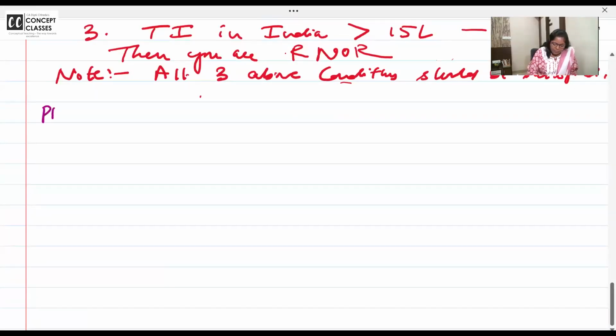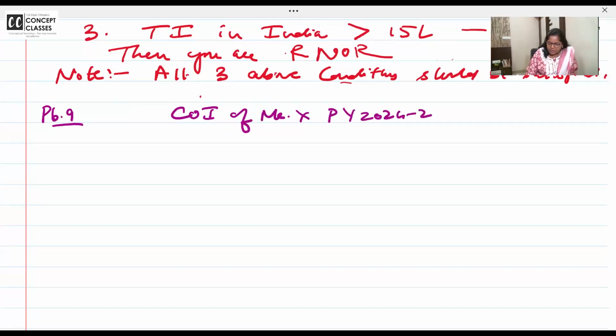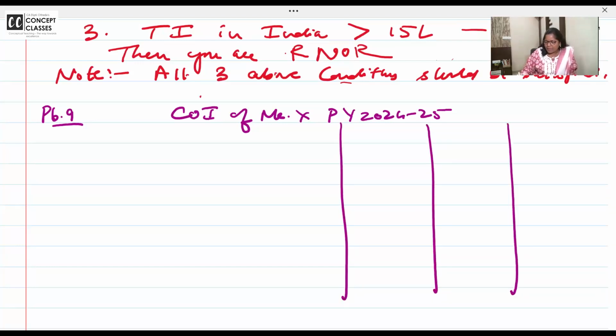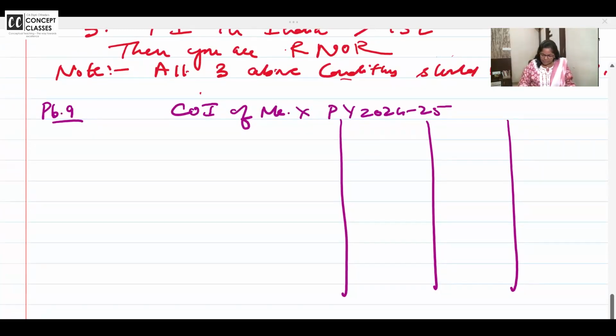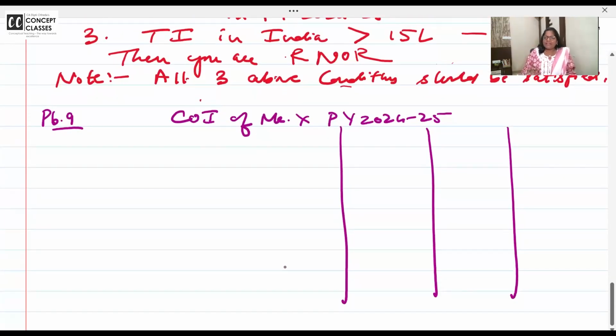You have to compute the income of Mr. X for the previous year 24-25 with 3 different options. I want to give you one more option. In the exam, you don't have to write the reasoning, but this is your first problem.